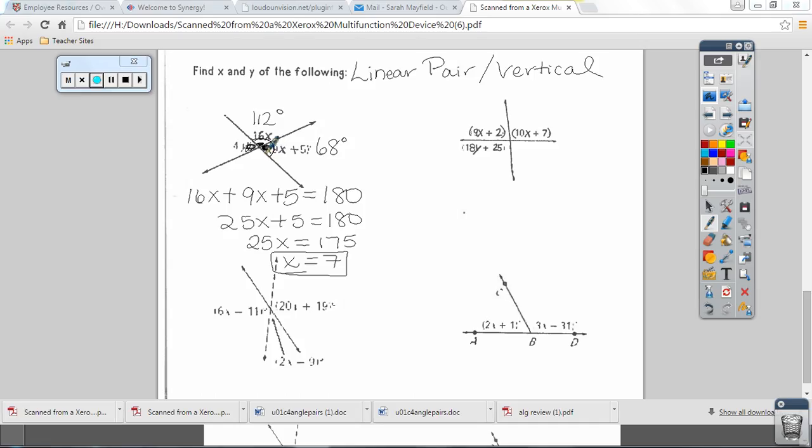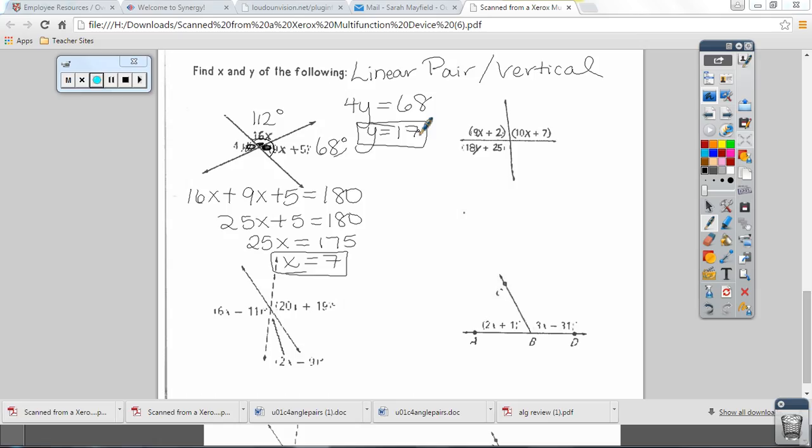So I can set them equal to each other, because vertical angles are congruent. So I can say 4y equals 68, because if this angle is 68 degrees, this angle also has to be 68 degrees. So 68 divided by 4, y equals 17.